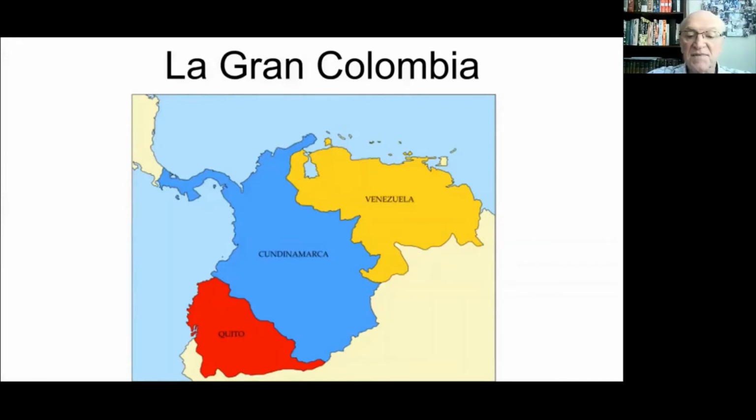Bolívar was named the first president of Gran Colombia, and he remained president until 1830, when the whole thing collapsed. And so the history of the Venezuelan Republic really starts in 1830.